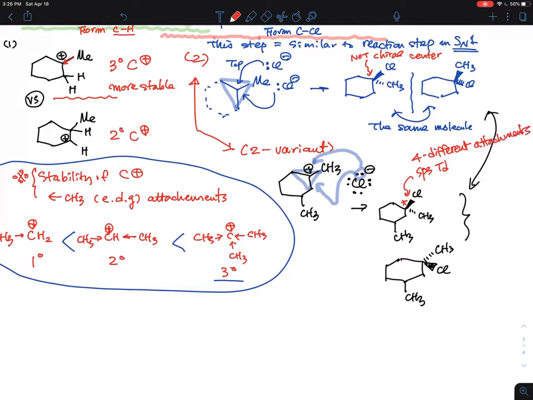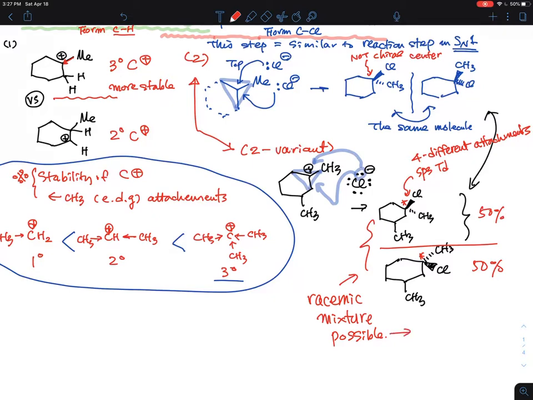So therefore, this is a chiral center, right? So this is what they call a racemic mixture is possible here, right? Because this is essentially 50% possibility, and they will have a racemic mixture as a product.